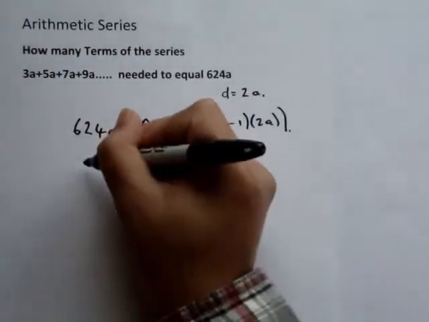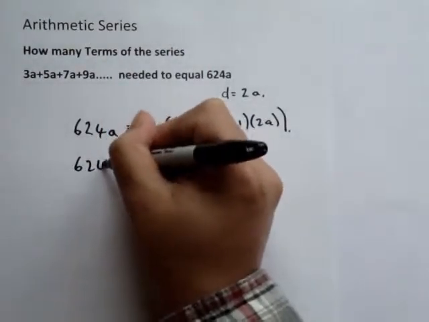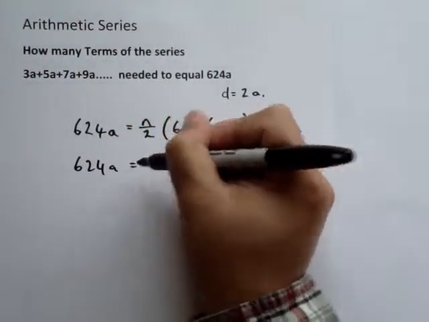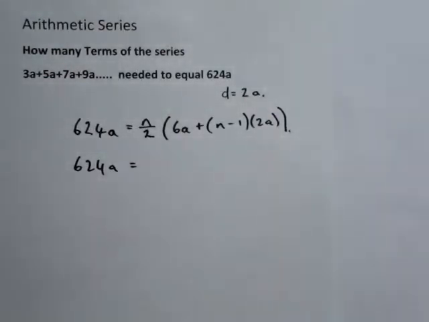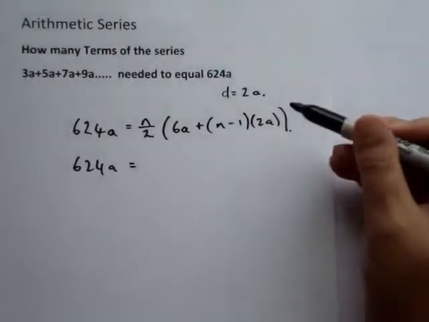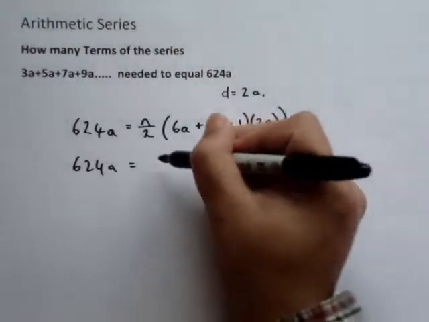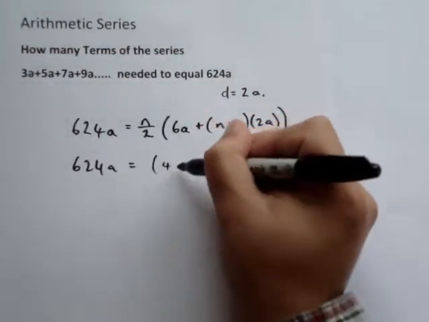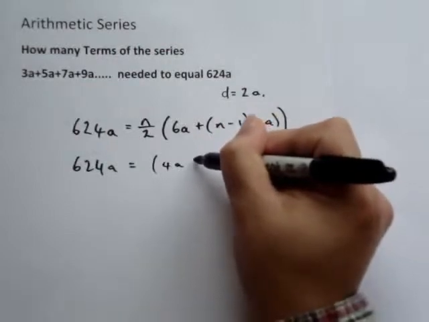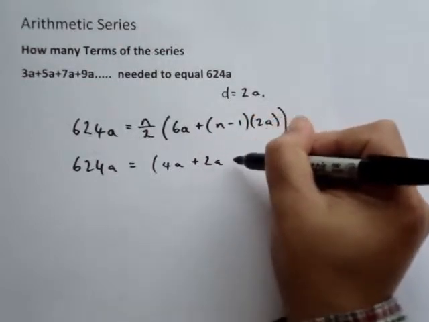This then, 624a equals 6a plus 2an minus 2a, which is 4a plus 2an.